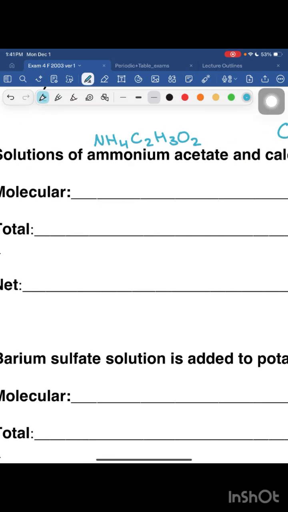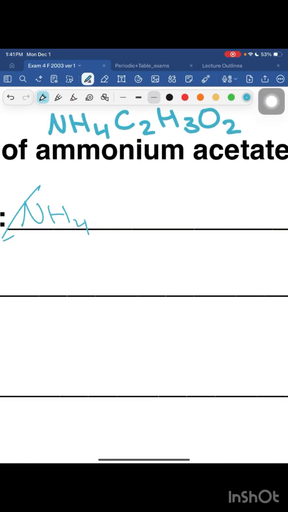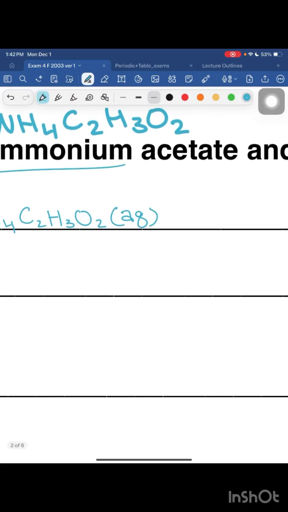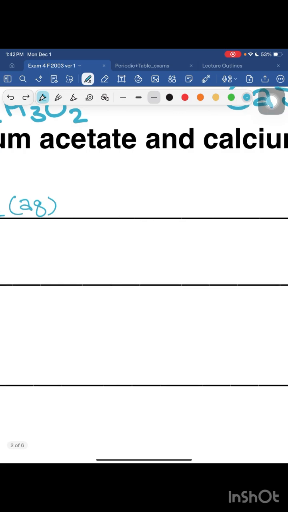So when we put this together, we have NH4C2H3O2, and that is aqueous because ammonium and acetate are always aqueous in water.